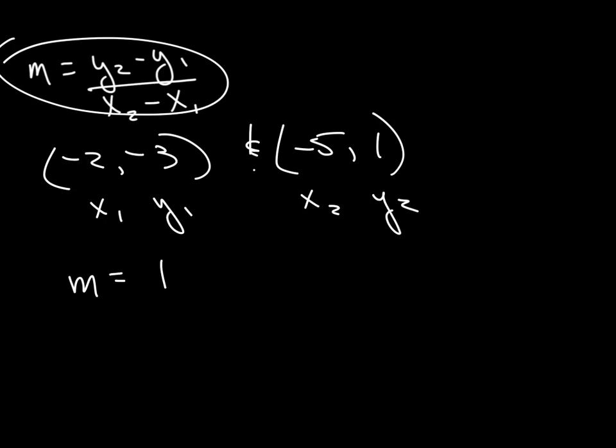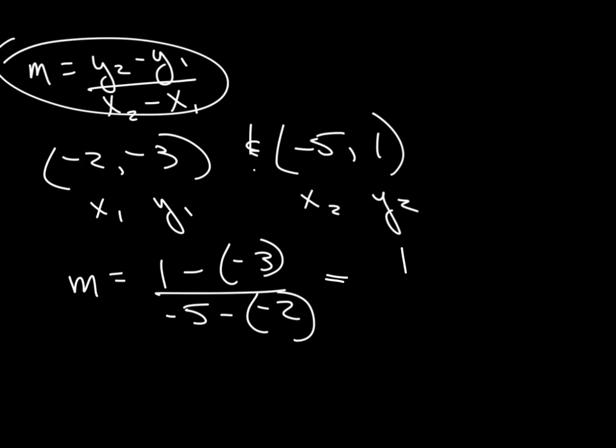It's 1, minus my y1, which is -3. Don't forget to put the parentheses because it's not 1 minus 3, it's 1 minus -3. And then my x2 is -5, and my x1 is -2. So 1 minus -3 is 1 plus 3, and -5 plus 2 is -3. That gives me either 4 over -3, or I can just say -4 over 3. I can put that negative wherever I want, and I'm done as far as finding that slope.